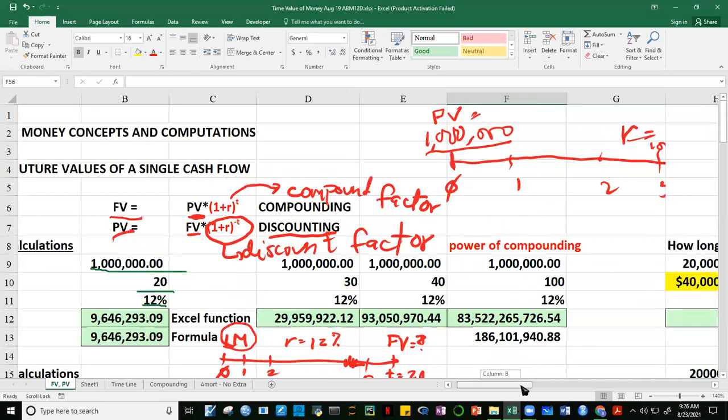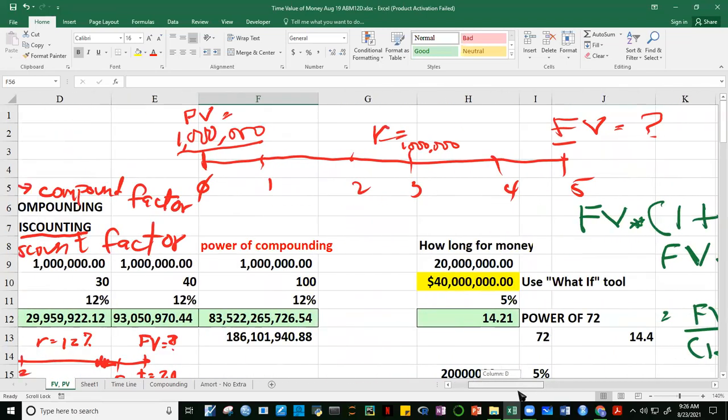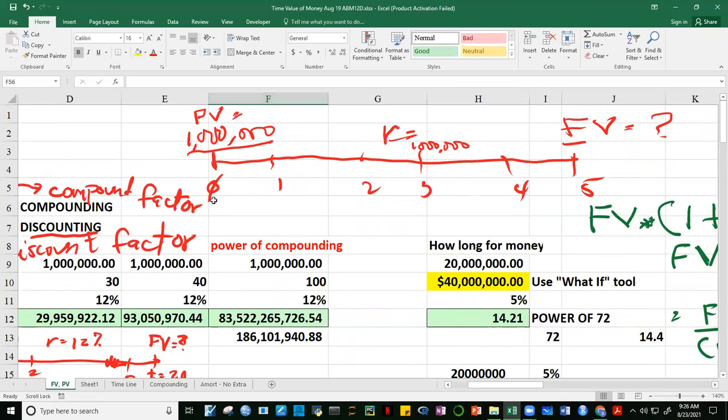For example, if you have 1 million today, this is a timeline. This is 0, which means now. Then after 1 year, 2 years, 3 years, 4 years, 5 years, or it can be another period, like 1 week after, or 1 month after, or 1 semi-annual period after.